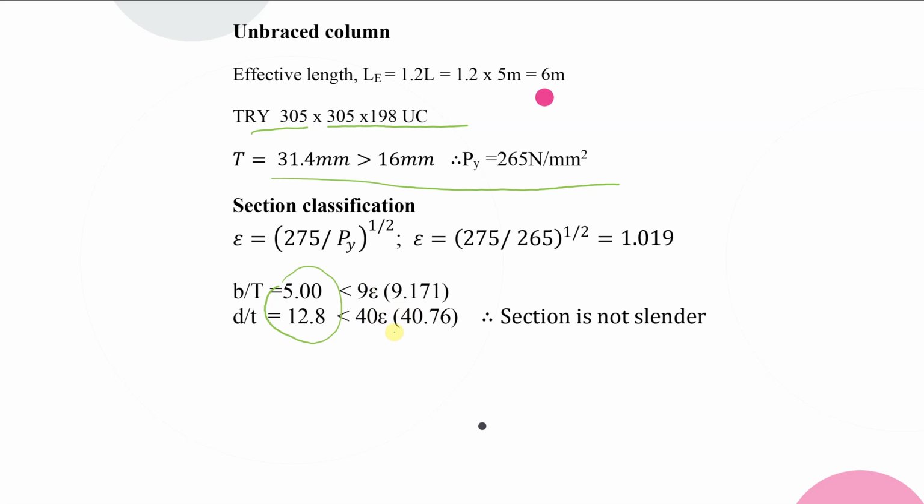Okay, 40 constant. So the section is not slender, that is the most important thing to know.